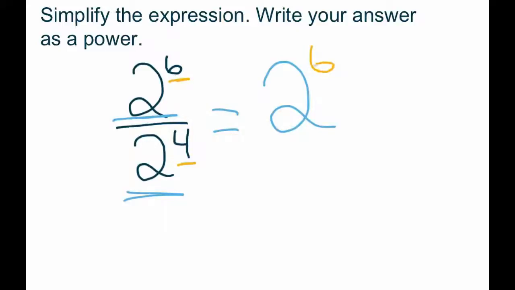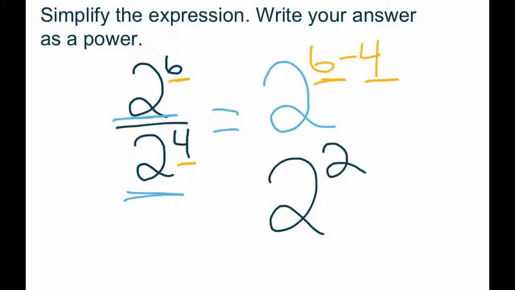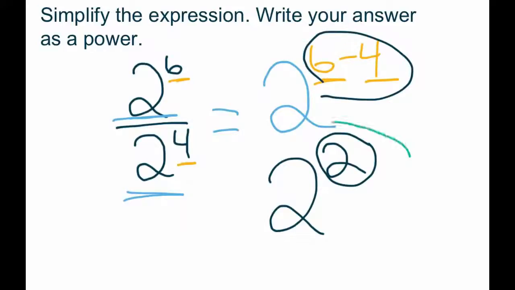We will always subtract the bottom from the top, so 6 minus 4. This is the same as 2 raised to the second power, because 6 minus 4 is equal to 2. So our final answer is 2 squared.